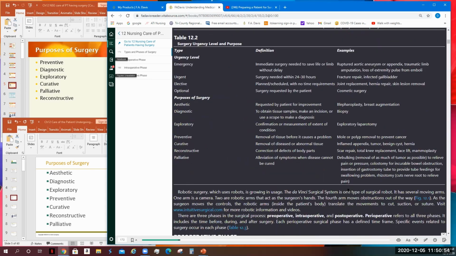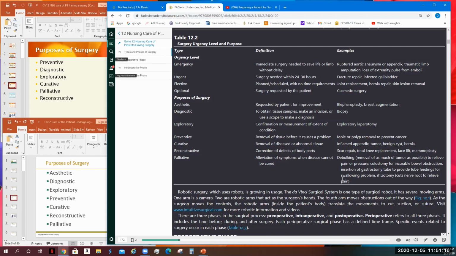Table 12.2 on page 171 shows surgery urgency level and purpose. So the urgency level of emergency, the definition is immediate surgery needed to save life or limb without delay.